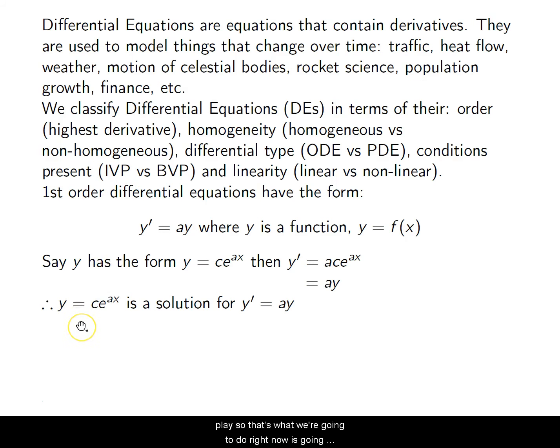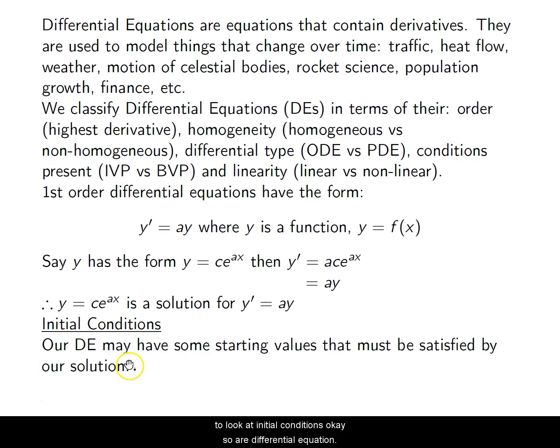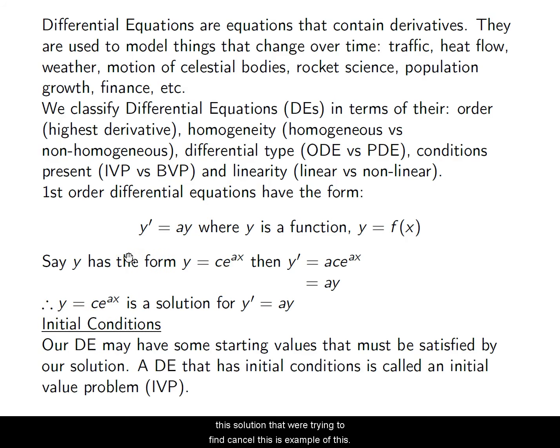So that's what we're going to do right now, we're going to look at initial conditions. Okay, so our differential equation may have some starting values that have to be satisfied by the solution that we're trying to find. So let's just do an example of this. Again, these are called IVPs, right? If it has initial conditions, it's an initial value problem.